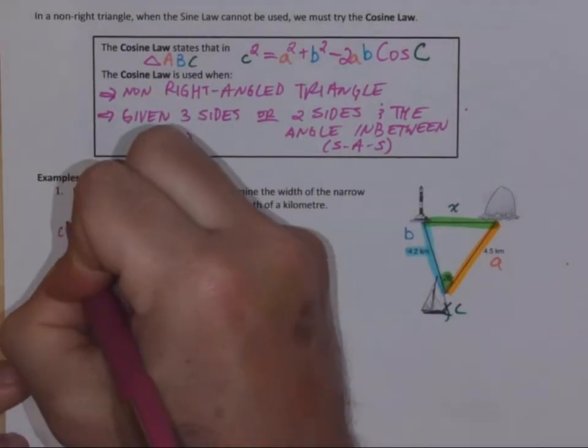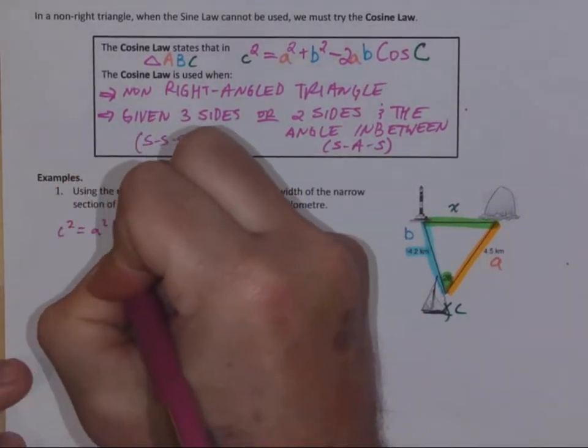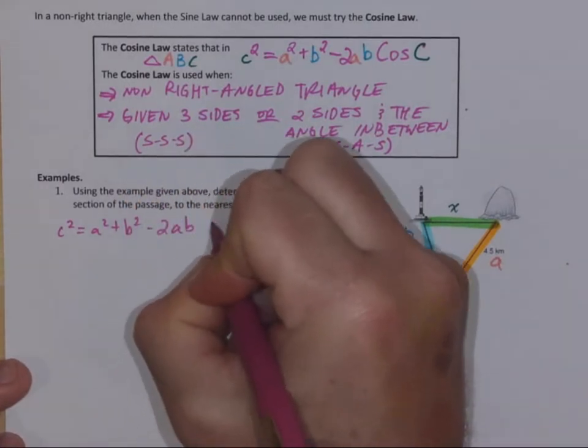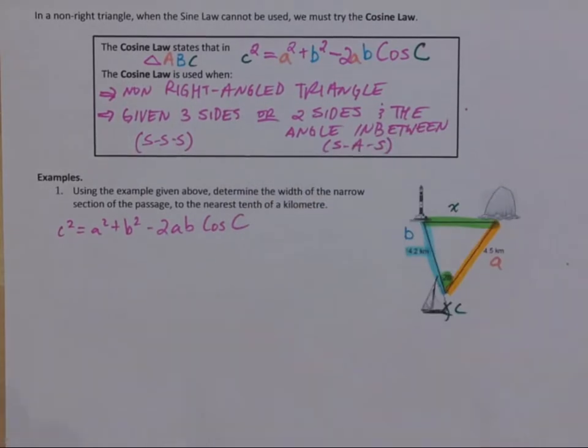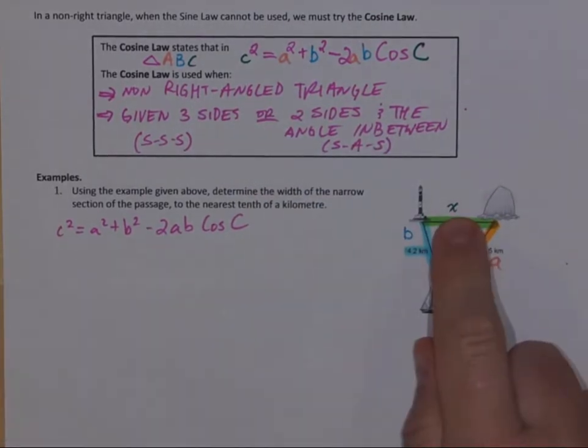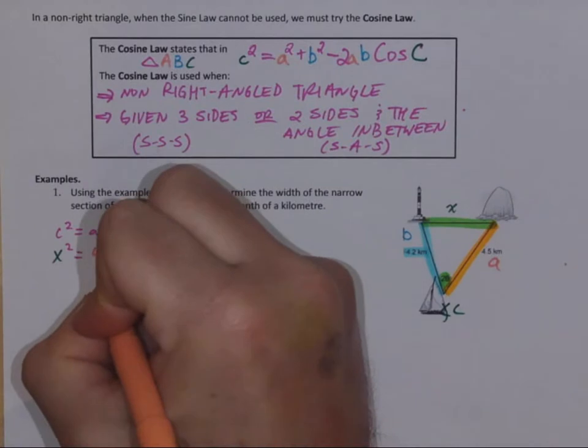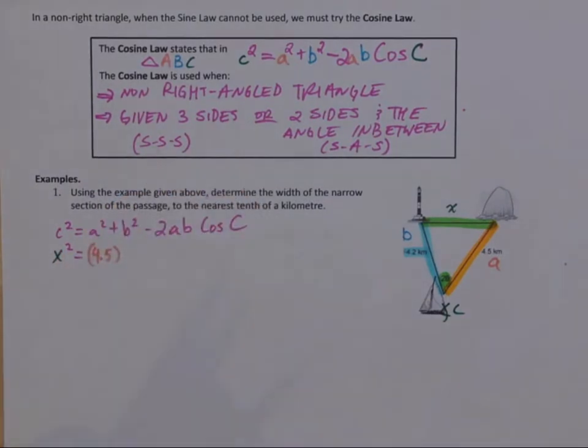So I'll write the equation here and sub in what we know. C squared, we don't know that. 26 degrees, 4.5.